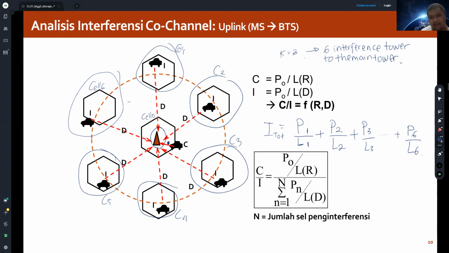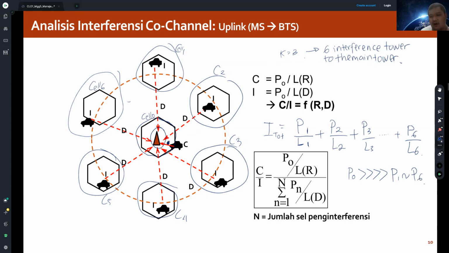Now, however, the value of the interference itself is still very low. Why? Because the user is within this cell area, which means the power from the user's initial tower will be much larger compared to P1 to P6.